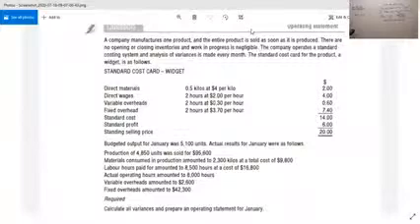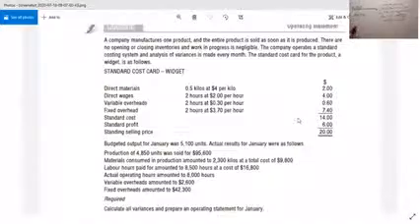We can see 2 hours, each at $2 per hour, giving a total of $4 for every unit. Then go to the actual labor.